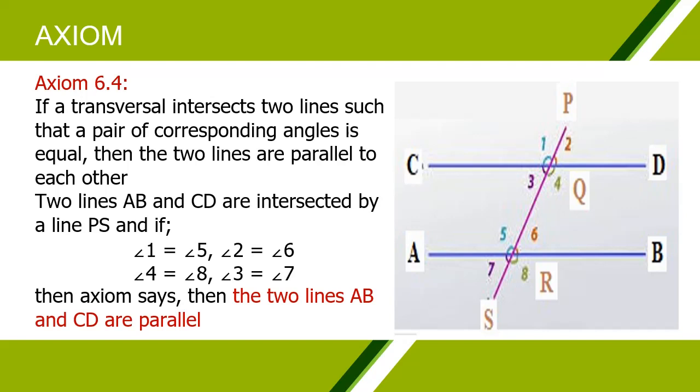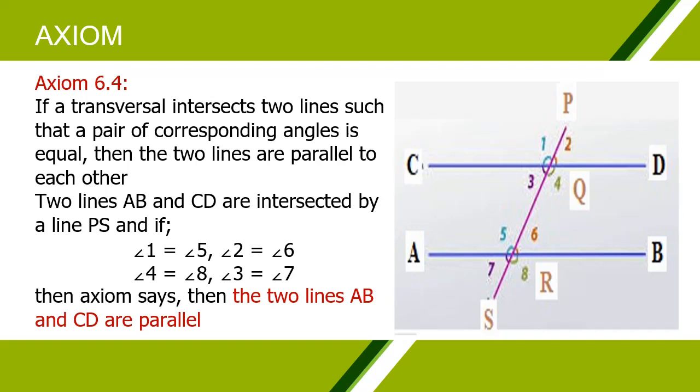Next in the row is axiom 6.4. It is the converse of axiom 6.3. It says that if a transversal intersects two lines such that a pair of corresponding angles is equal, then the two lines are parallel to each other. Fine.